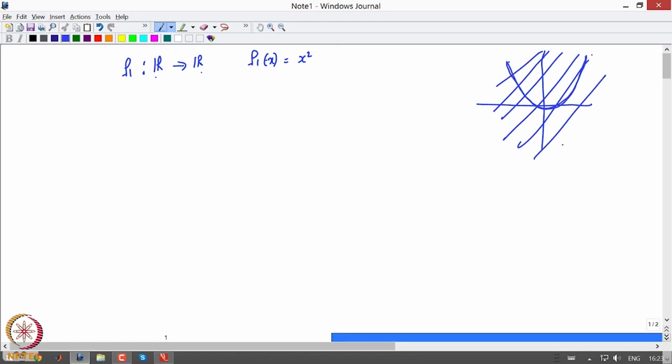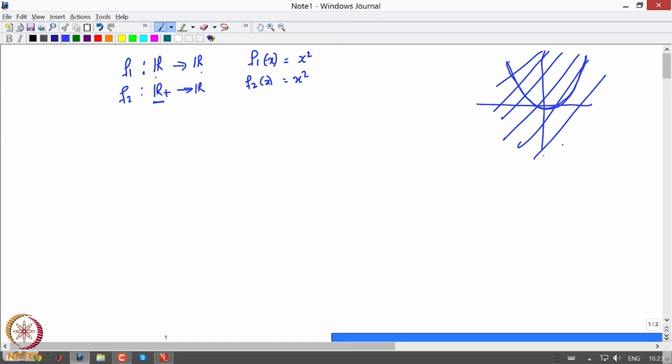I can do something else also. If I define this as, say, R plus to R, the definition would still be the same, f2 of x is x squared. So I am restricting my domain now. When I say R plus, I am just talking of numbers greater than or equal to 0.